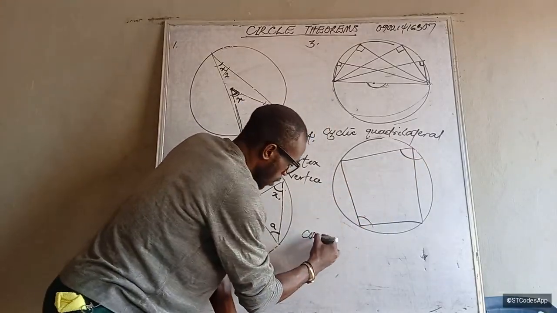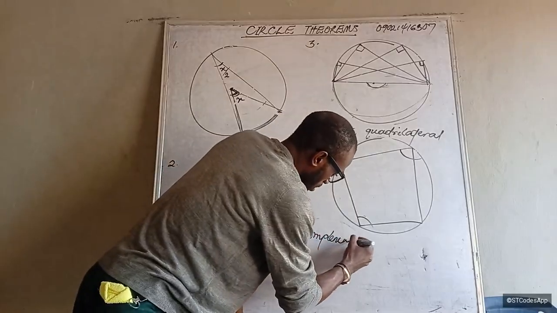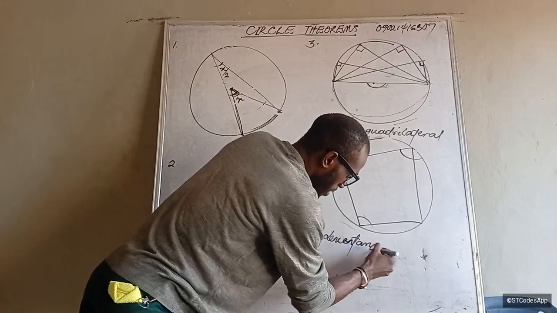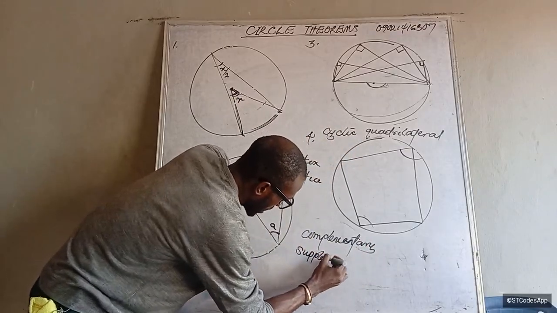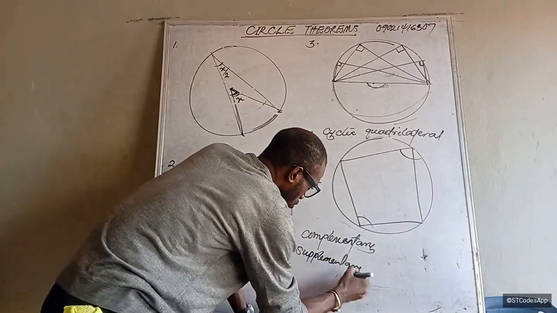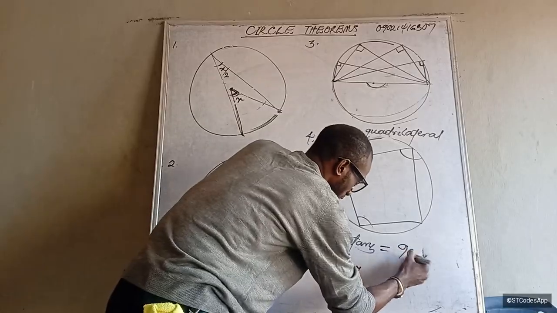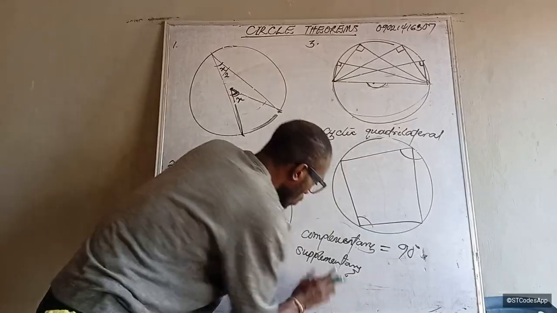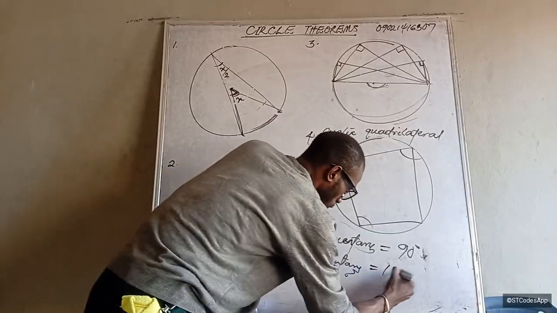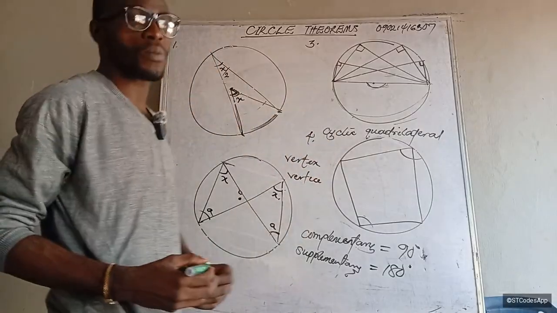Now we have two angles that we give special names: complementary and supplementary. When two angles add up to 90 degrees, they are said to be complementary. When the two angles add up to 180 degrees, they are said to be supplementary.